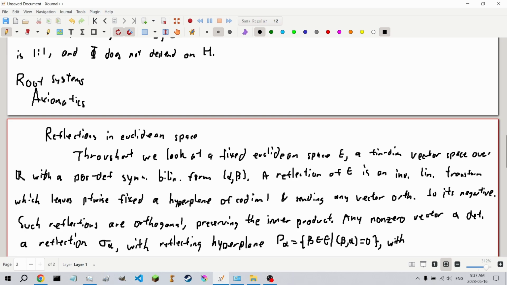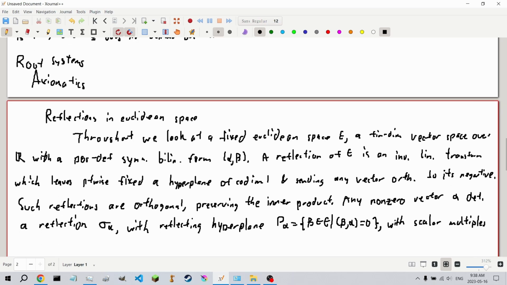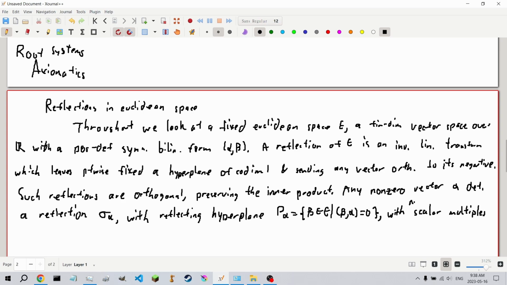Non-zero scalar multiples yield the same reflection.